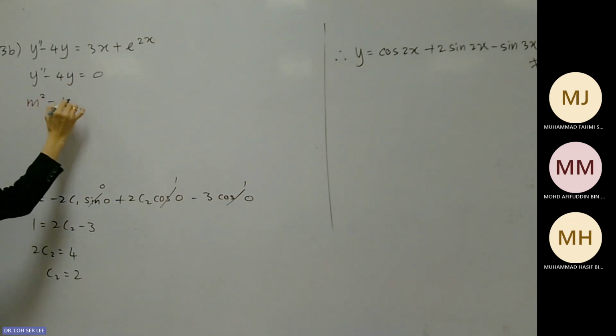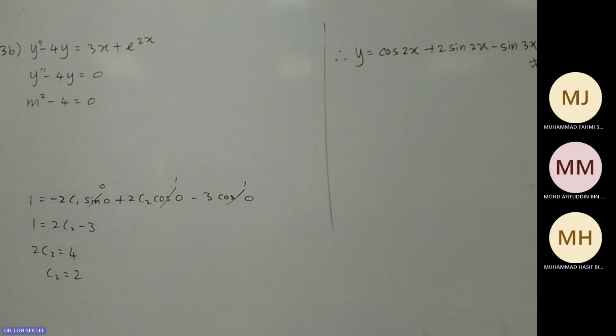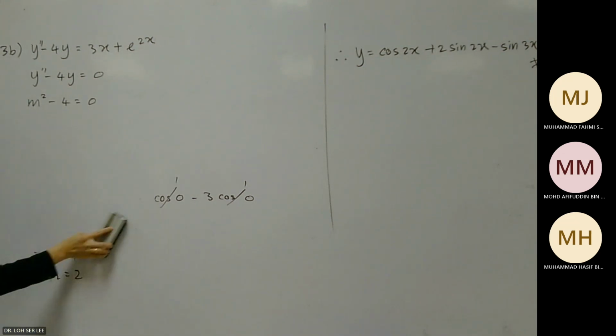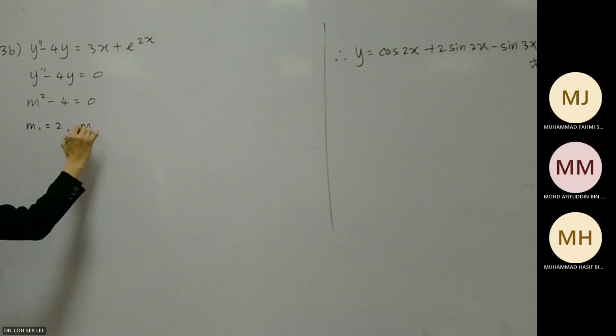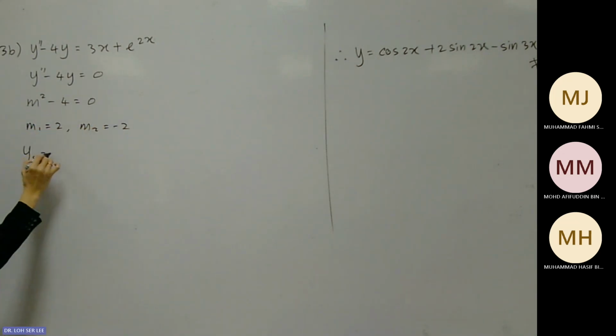Form the characteristic equation when there is no y prime, no f. Then you can get your yc. This is real and distinct, case 1.